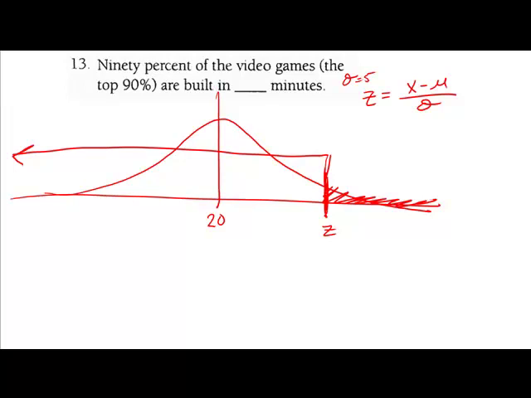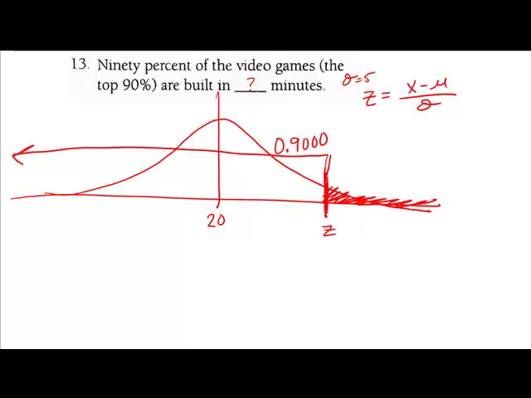90% of the video games are built in how many minutes? So I need to find what z-score gives me an area of 0.9000.